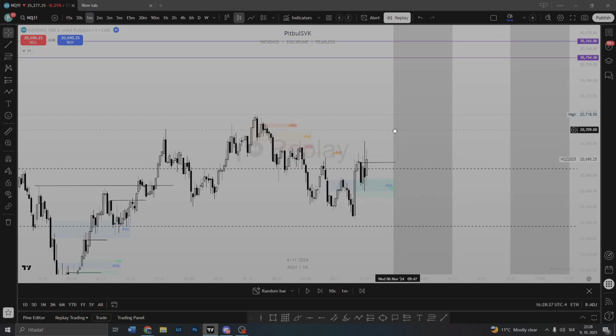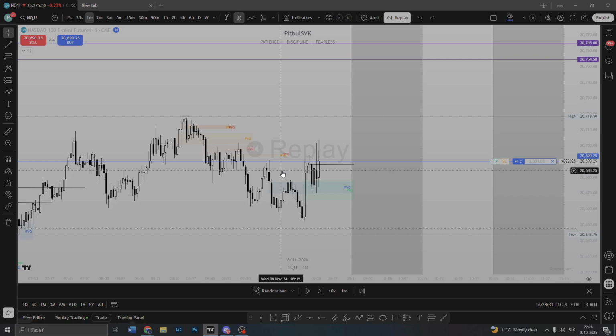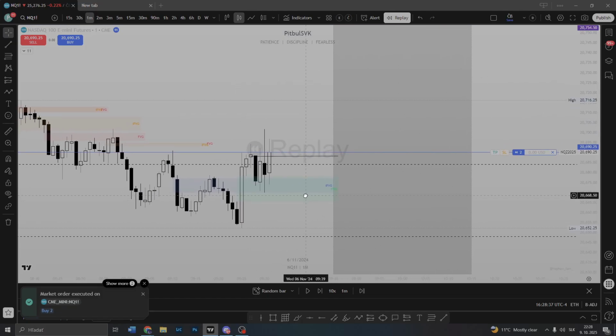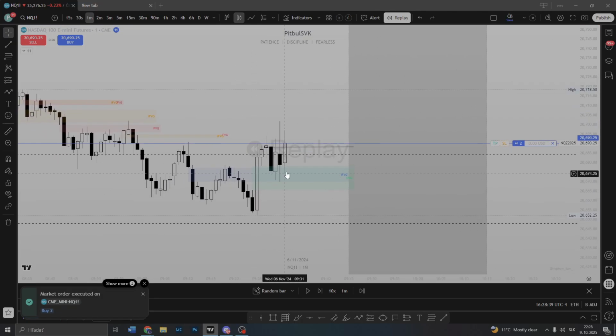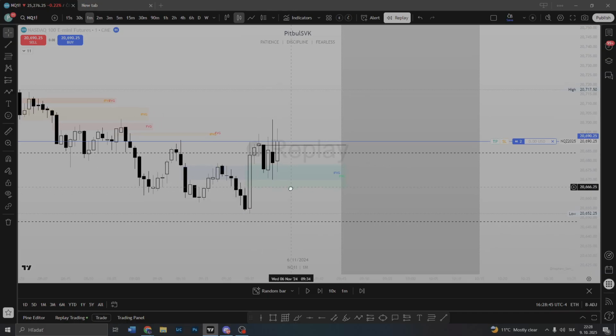But right here, if you want to enter, we can. Our stop, again, by DJ's teachings, you can't put it here because we are in the fair value gap, basically in the PD array. But I would like to see this candle low being the protected low.